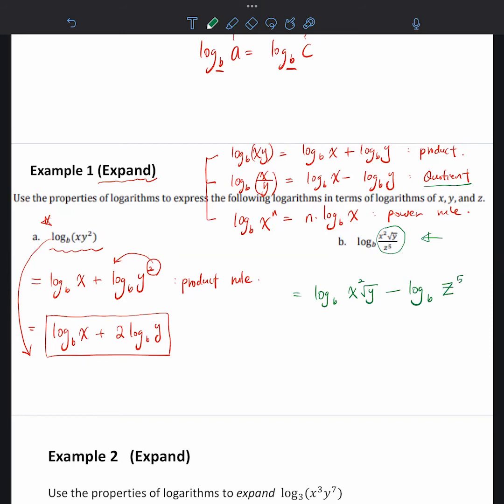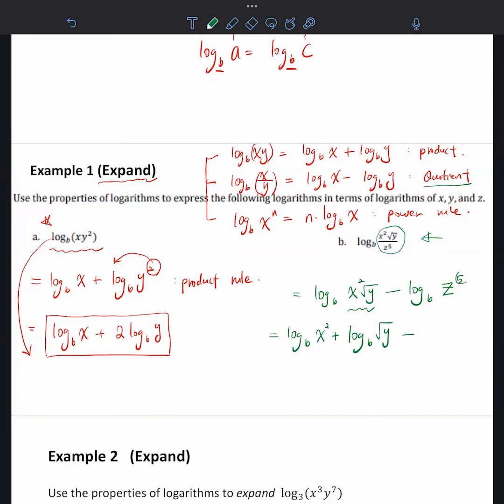And then continue. This one, we are multiplying two different variables so I can expand it again by addition using the product rule. So what happened? Log base b of x to the second power plus log base b of radical y.